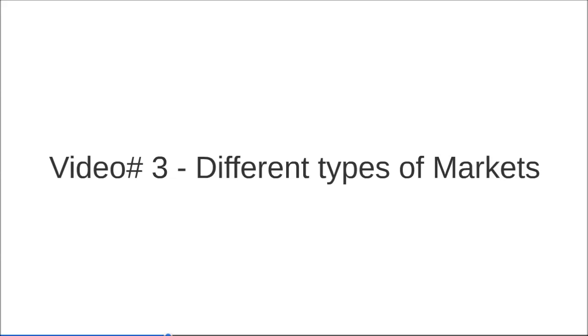Video number 3 is going to be different types of markets. Now, it's easy to stick with one particular market, for example, specific location and things like that. But I want to open your eyes so that you are aware of the many different types of markets that are out there, so that you can expand your reach, thereby expanding your profits.